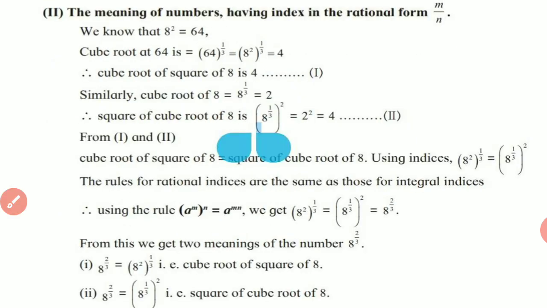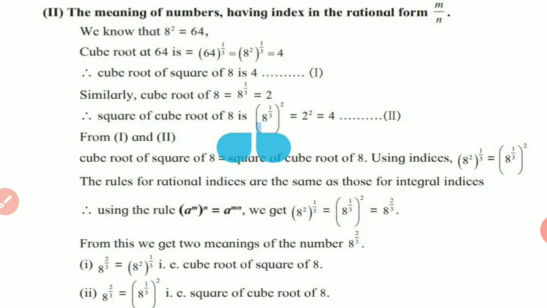The meaning of numbers having index in the rational form m upon n. We know that 8 raised to 2 is equal to 64. Cube root of 64 is 64 raised to 1 upon 3, which is equal to 8 raised to 2, raised to 1 upon 3, is equal to 4.